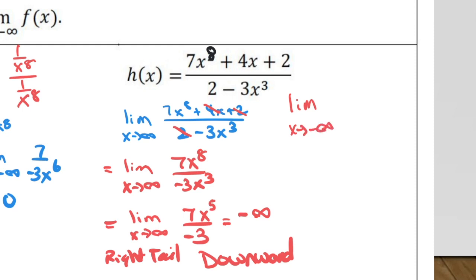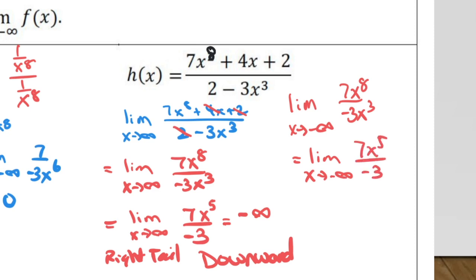So the lower order terms have been dropped. We have 7x to the 8th over negative 3x to the 3rd. Wait, something different is happening here, where we will have our limit as x goes to negative infinity, 7x to the 5th over negative 3, and a negative over a negative is a positive infinity. So our left tail is heading upward.